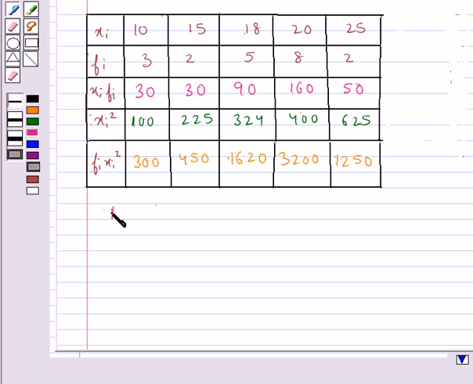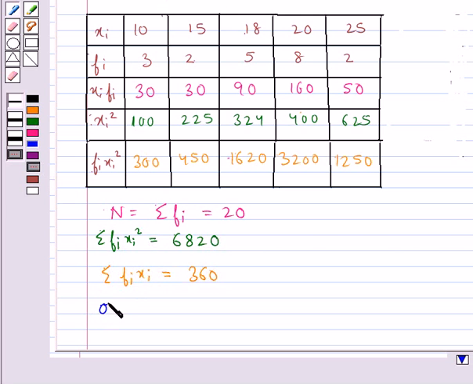Now here we have n is equal to summation fi, that is the sum of the frequencies, which is equal to 20, then summation fi into xi square is equal to 6820, then we have summation fi into xi equal to 360.